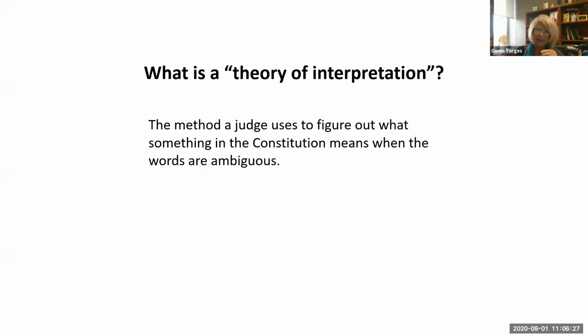Different authors identify different numbers of interpretive theories, and it's not that they're saying something completely different. It's that some combine more of the theories into a single category. Your author identifies 4 broad theories of interpretation, and so we'll take a look at those.